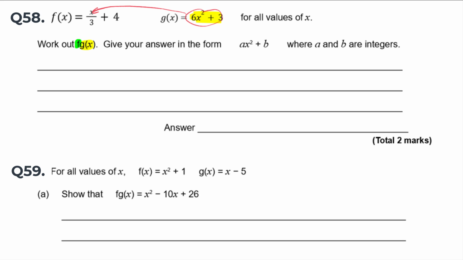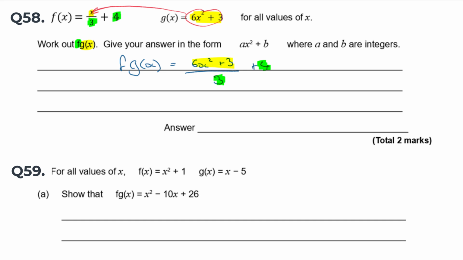So f of g of x is going to be x, which we're going to replace with 6x squared plus 3, over 3 plus 4. Okay, so that bit stays the same, it's there and there. It's just we're replacing the x here with the 6x squared plus 3.